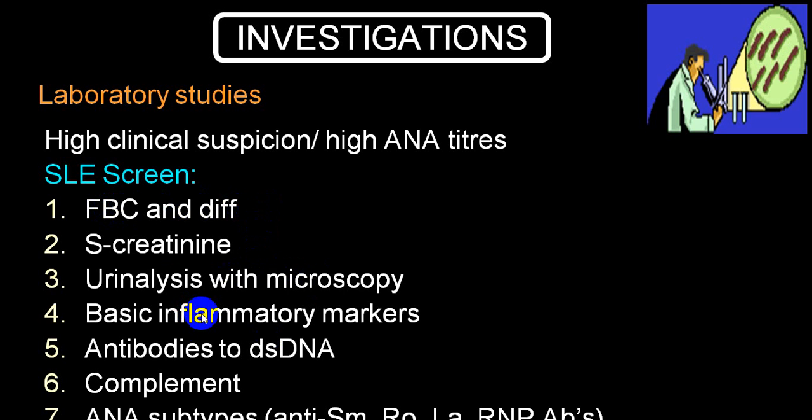You can find out the inflammatory markers. DNA antibody will be positive, complement level will be reduced, ANA will be positive, anti-Smith antibody will be positive, and also phospholipid antibody will be positive.